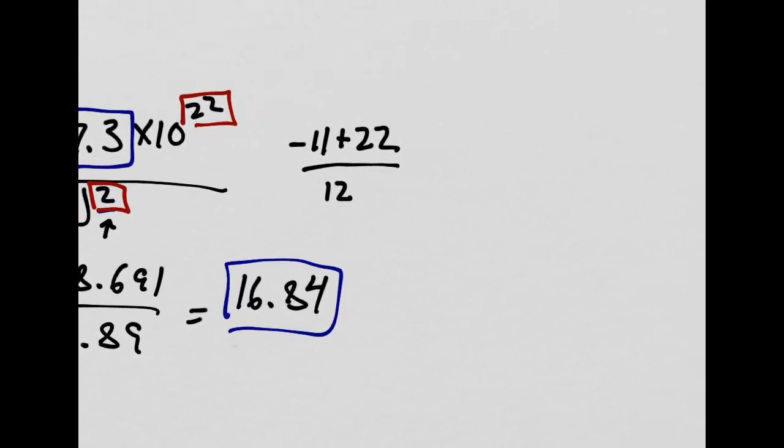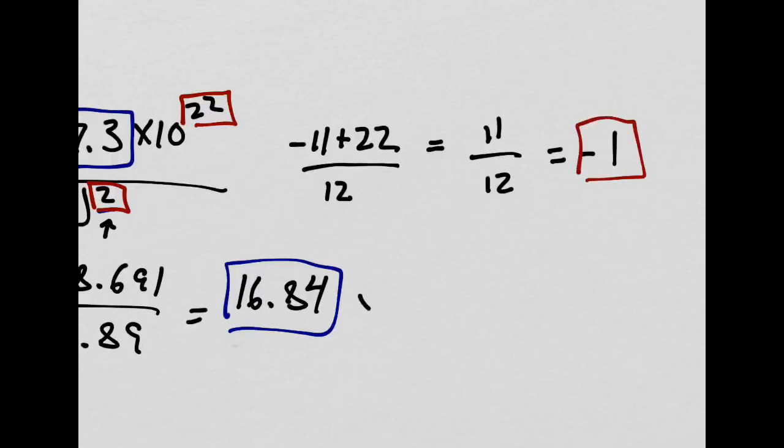We get 22 minus 11, that's 11, divided by 12. And when you divide exponents, you subtract. So this is negative 1. So our exponent is 10 to the negative 1.